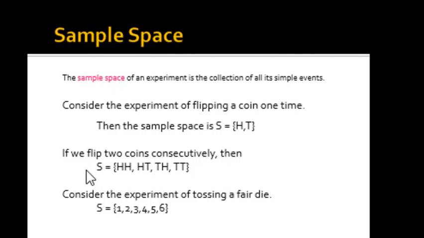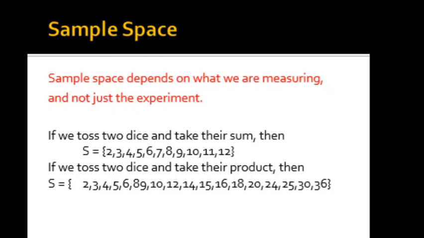Let's say we have another experiment where we are flipping 2 coins consecutively. In that case, the sample space will be {HH, HT, TH, TT}. Consider the experiment where we are tossing a die. Again, we saw that earlier. The sample space is {1, 2, 3, 4, 5, 6}.